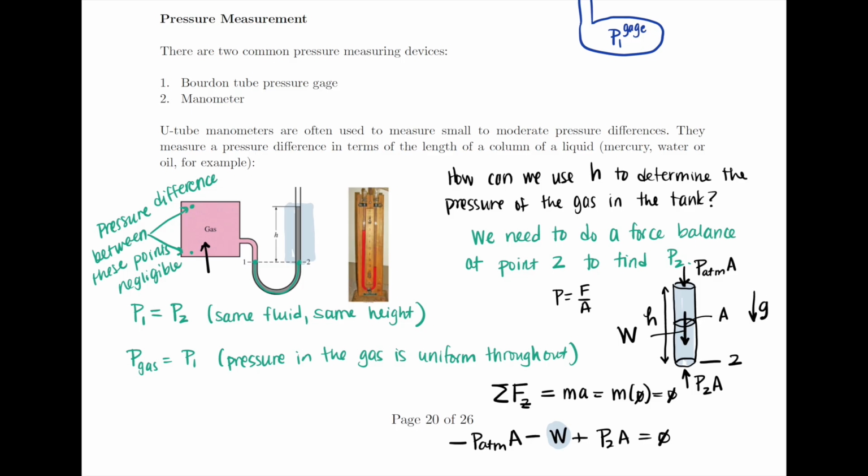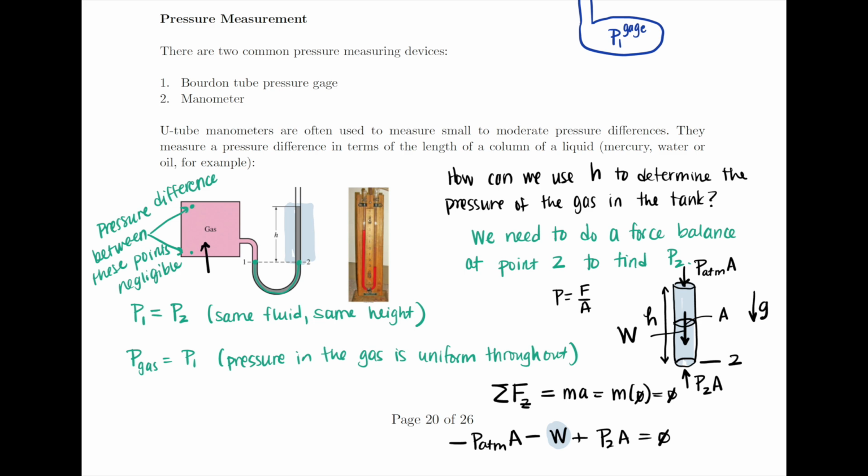So we know that the pressure at 1 is the pressure we want to find, and we know that pressure at 1 and 2 are equivalent. Basically what we need to do is a force balance at point 2 to find P2.